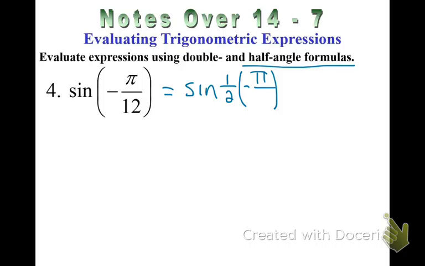Sorry, I said that wrong. So we would make pi over 6. Okay? So if you multiplied the 1/2 with the negative pi over 6, we would get back that pi over 12. So that's the step you have to go through on that one.